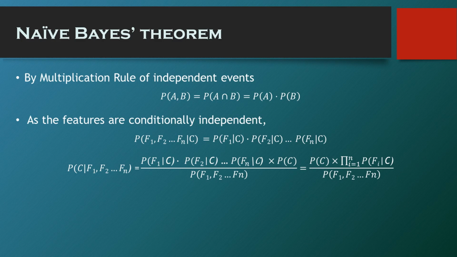By Bayes' theorem, the probability of occurrence of class C with the occurrence of features f1, f2 up to fn is given by the ratio of the product of the probability of class C and the probability of feature set f given class C to the probability of the feature set occurring.